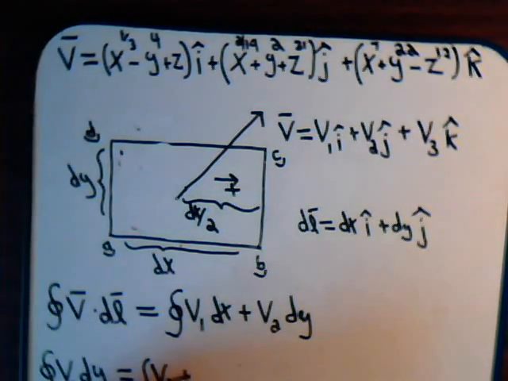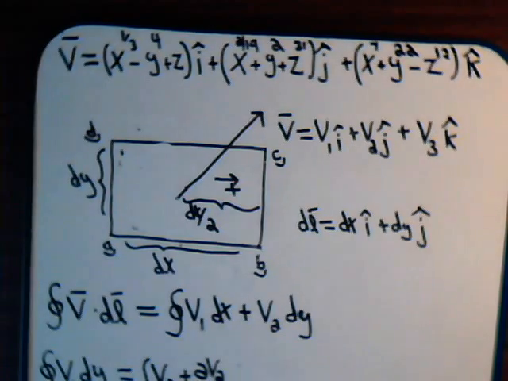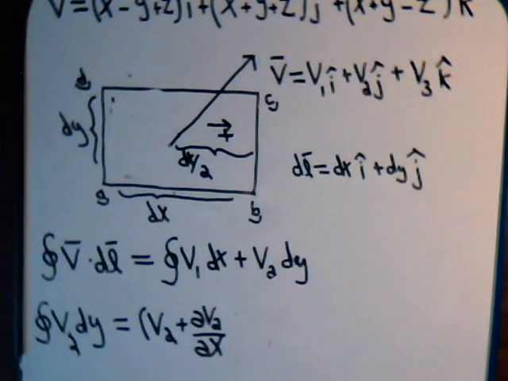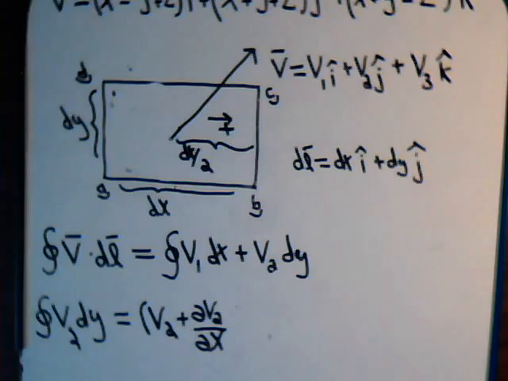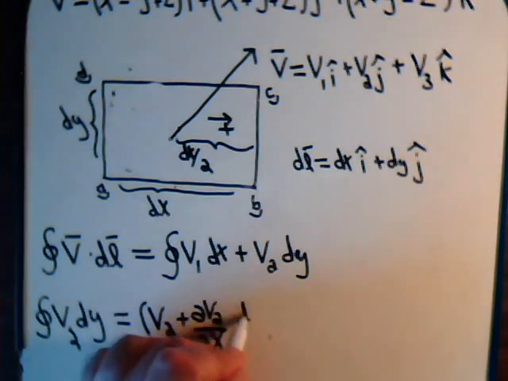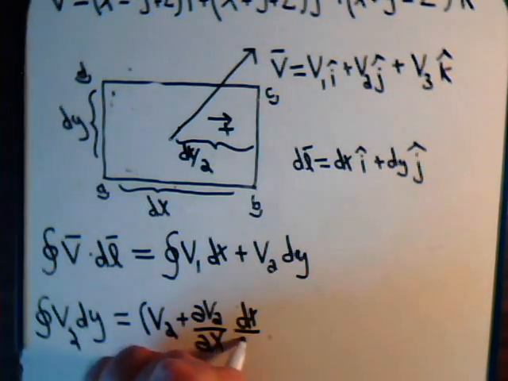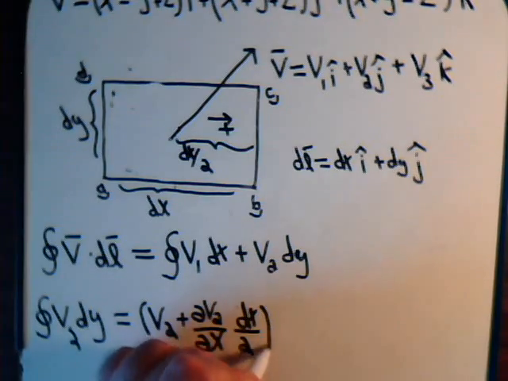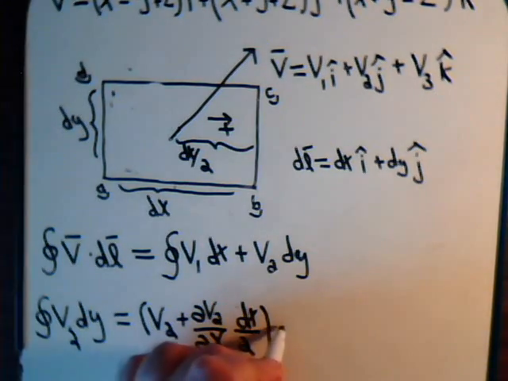And that amount of change is how much v2 changes with respect to x. That's that partial derivative times the amount of change in x. And that is dx over 2 times dy.